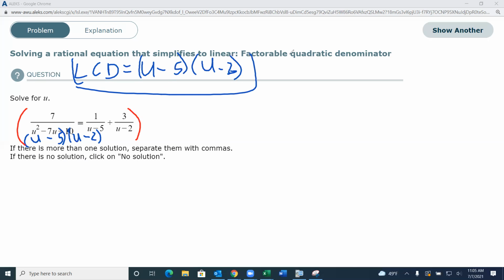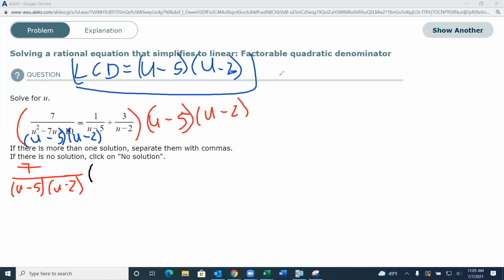So let's multiply both sides of the equation by the least common denominator. All right. Now this next step is that long one, and if you feel comfortable with it, I suppose you could skip it. Okay. So we've got 7 over. I'm going to try and write this small-ish. It's kind of difficult with the stylus. Let me use alternate colors too. Okay, then I multiply by the u minus 5 and the u minus 2.